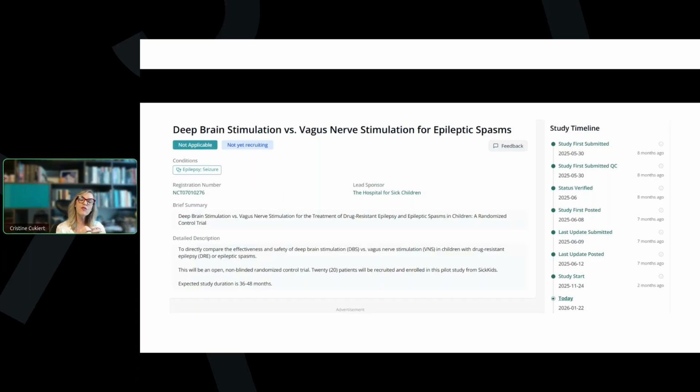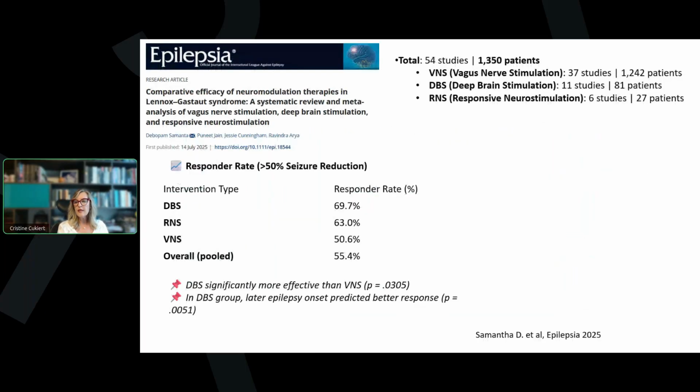I think we have to target specifically and individualize the neuromodulation for the patient that we have in front of us. Well, this is another very interesting study from last year: comparative efficacy of neuromodulation therapies in Lennox-Gastaut syndrome. They compared DBS, RNS, and VNS, showing a response of between 60 and 70%.